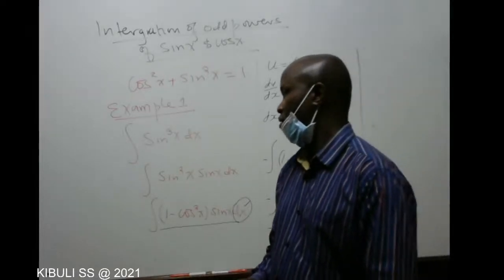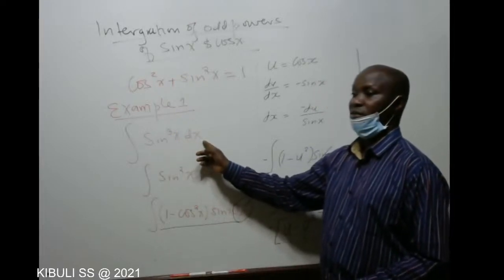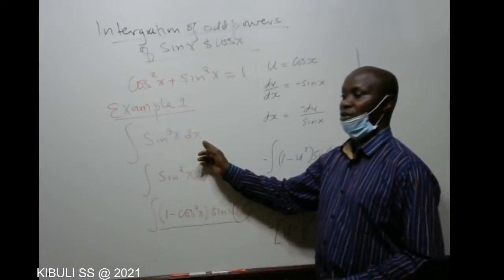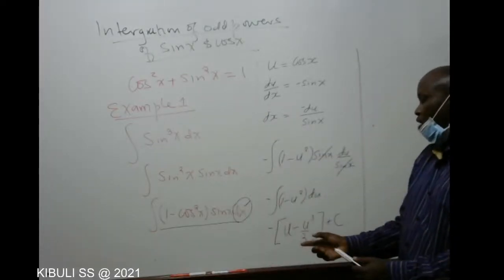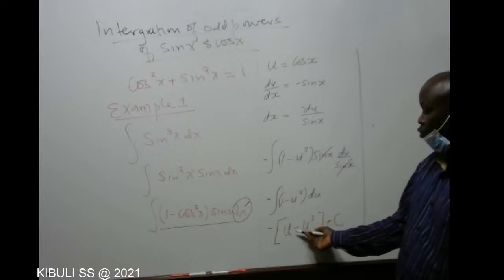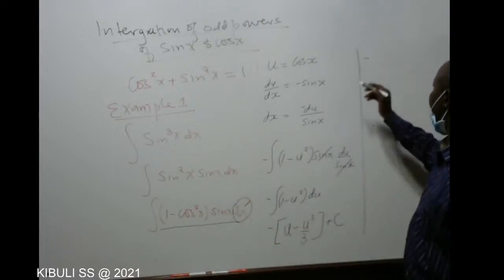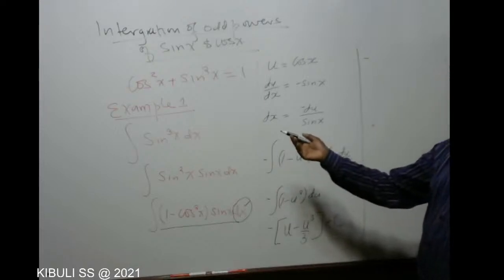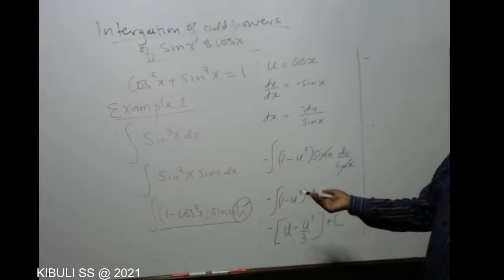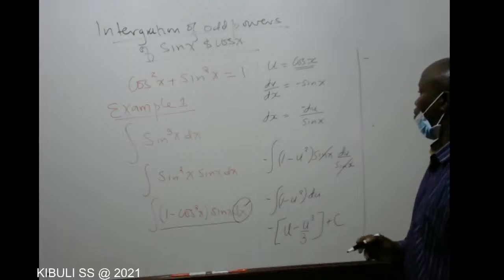But remember, the given equation was in terms of x. Now we have changed it to terms of u. So at the end of it all, I must take u back to x. And that gives us now negative. What is our u? Our u is equal to cos x.